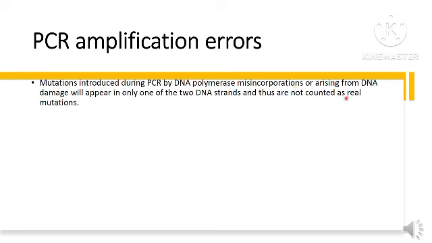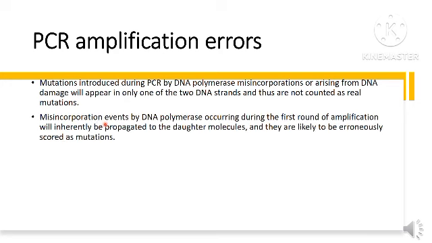Also, when you have damaged DNA, maybe because of long storage or vigorous shaking, if the DNA is degraded or damaged, that will be visible on one of the two DNA strands. If misincorporation events by DNA polymerase occur in the first round of amplification, all these will be propagated to the daughter molecules and they are likely to be erroneously scored as mutations.